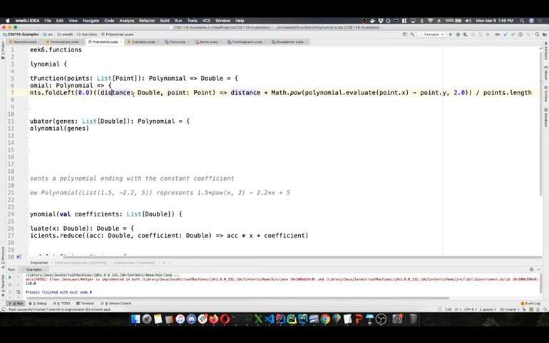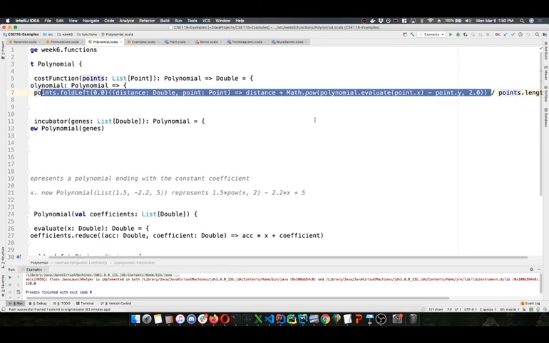I'm going to take the total accumulated distance and the current point I'm looking at, and compute the square of the distance between this point and the evaluation of the polynomial, looking only in the y direction.